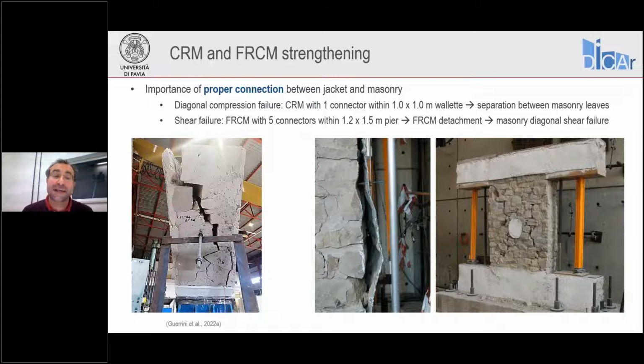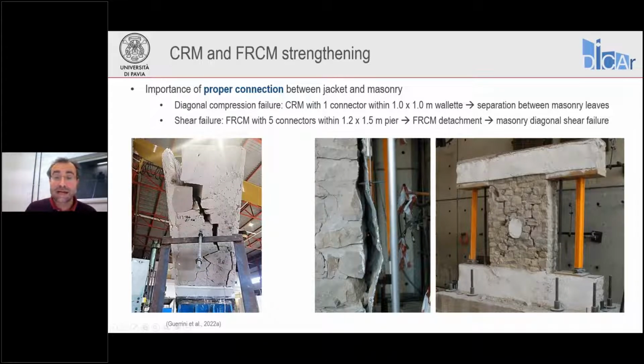You can see on the left-hand side the case of a wallet subjected to diagonal compression with only one through connector in the center of the panel. You can see that we have separation of the masonry leaves, which are not held together by the connectors. On the right-hand side, we see what happened to pier P2, the one strengthened with FRCM, because of the not so dense distribution of connectors.